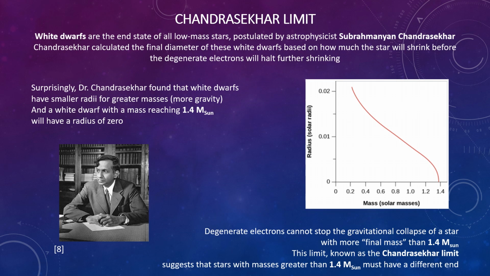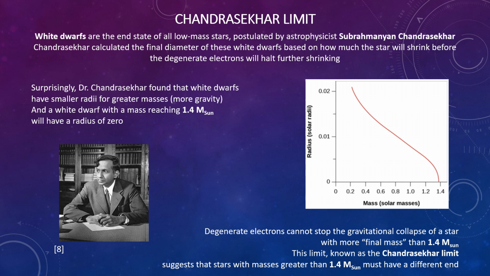So now that we know that white dwarfs are held up by that electron degeneracy pressure, we can talk about the Chandrasekhar limit. Dr. Chandrasekhar was studying white dwarfs, and he postulated that there was going to be a final diameter that these white dwarfs could have, based on how much they could shrink before the electrons stop it from shrinking any further.